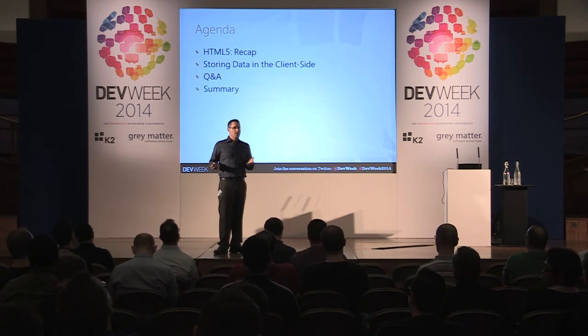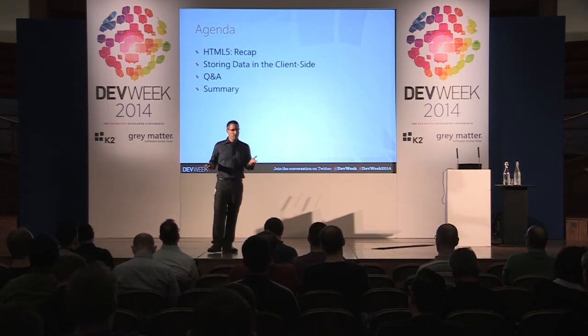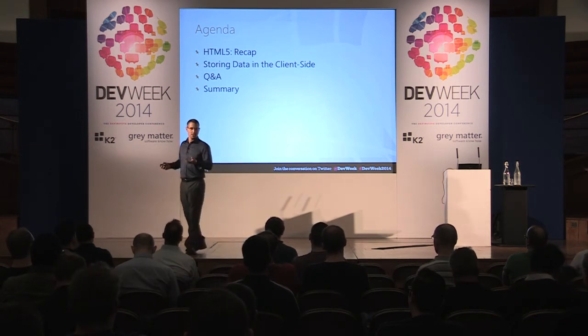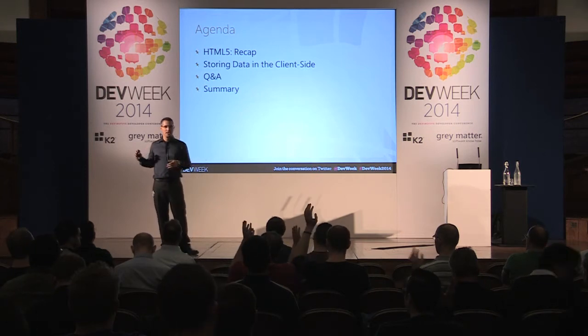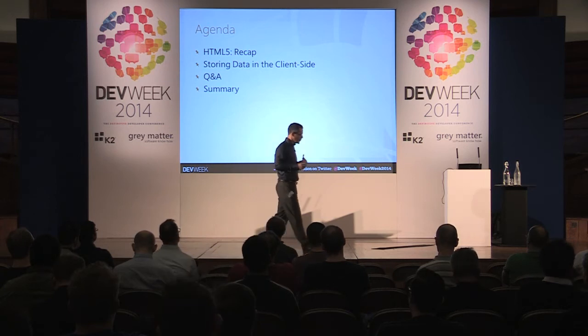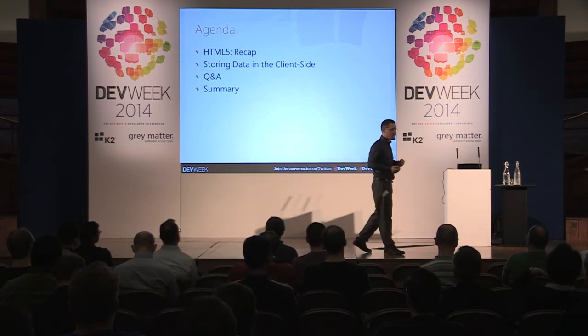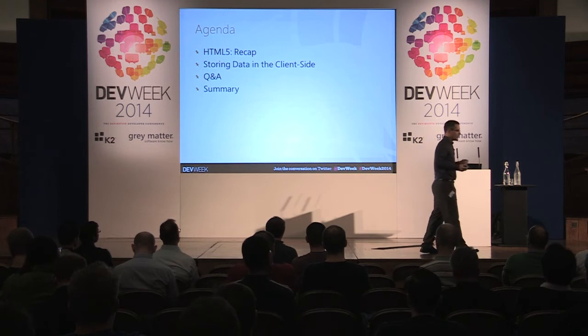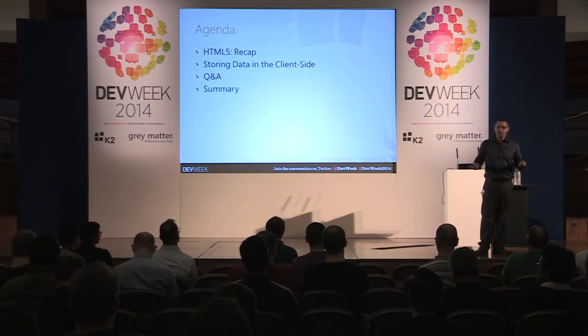What we are going to do here is first a recap. Who attended yesterday's session? If you attended my session yesterday, you probably know what I'm going to talk about in the recap, but I will do it very fast in order to get to the main thing. The main thing is that we are going to build an app.